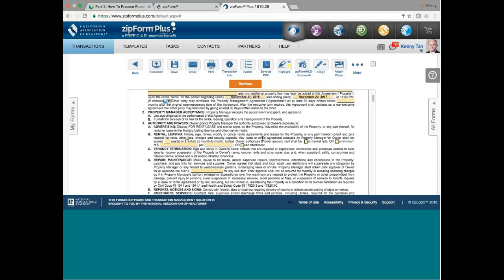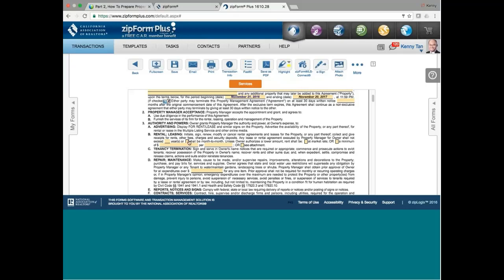Okay, and it says here any lease or rental agreement executed by property manager for owner shall not exceed. Now this one sets the boundaries, the limitation of the property manager's power to enter into a long lease. For example, if it says month to month, then it is month to month.